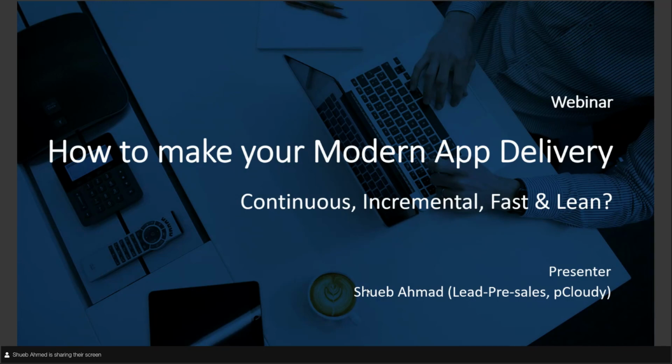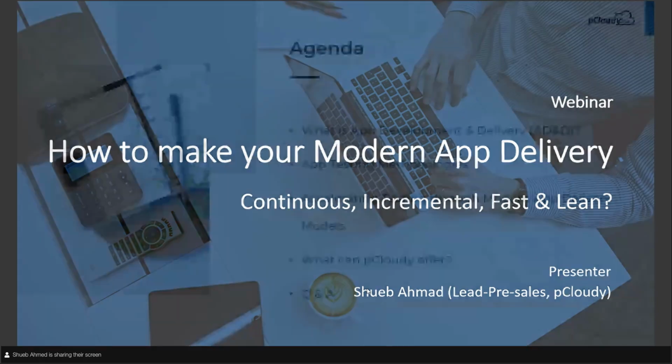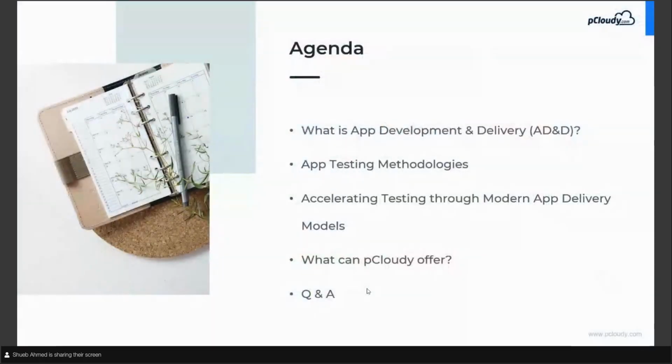So let me just get started with the agenda. First, we will try to understand what mobile app development is and, when it comes to delivery, what the various approaches are that the industry follows for developing mobile applications.